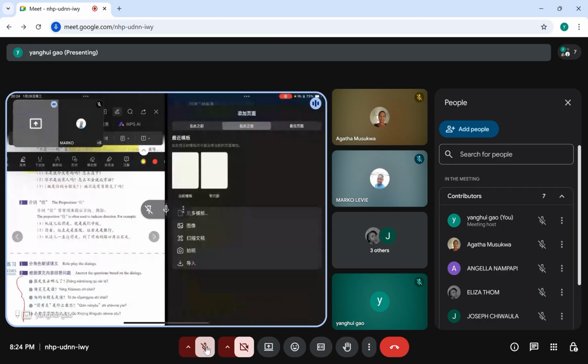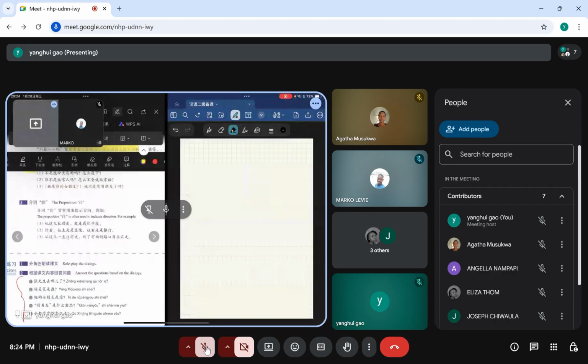And then let's see how to give the directions.